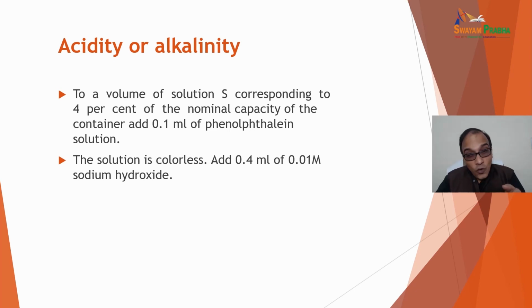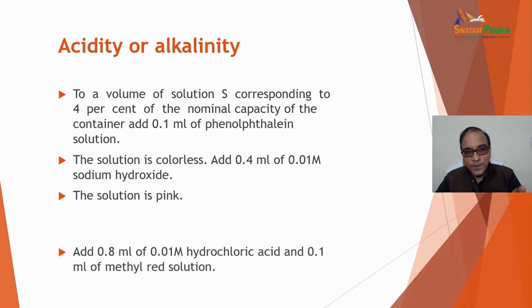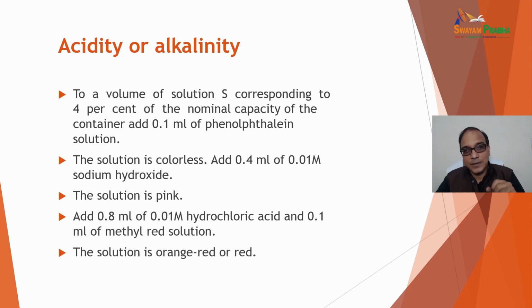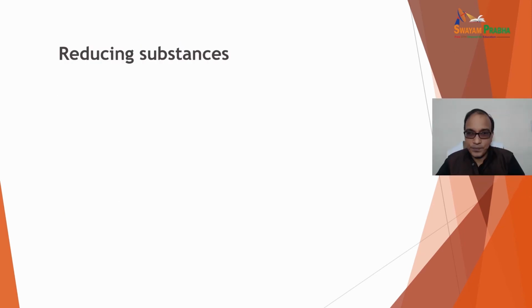Add 0.4 ml of 0.01 M sodium hydroxide. The solution is pink. Add 0.8 ml of 0.1 M hydrochloric acid and 0.1 ml of methyl red solution, that is the indicator. The solution is orange-red or red. So this is the test for acidity or alkalinity.